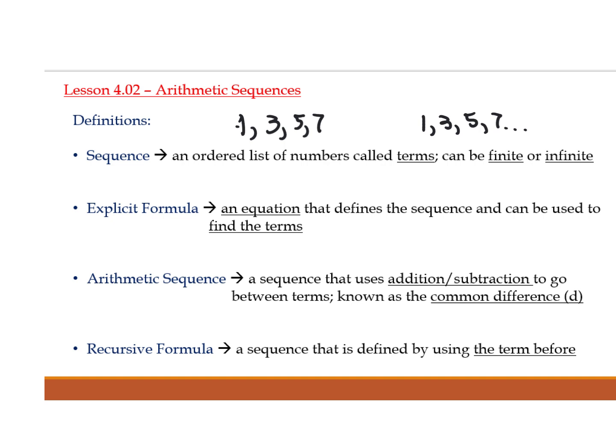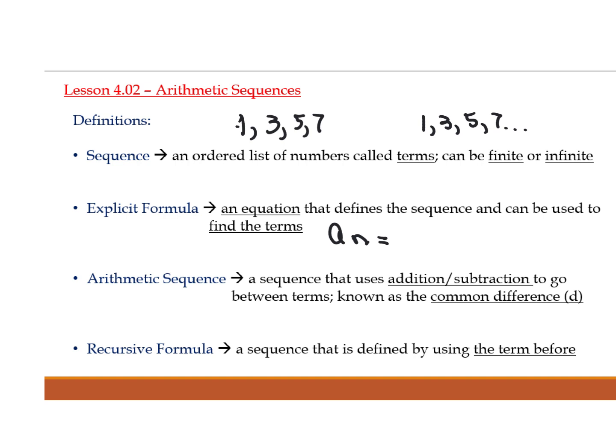In this section, we are going to be talking about 2 types of formulas: the explicit formula for an arithmetic sequence and the recursive formula. The explicit formula is an equation that looks like a sub n is equal to some expression.